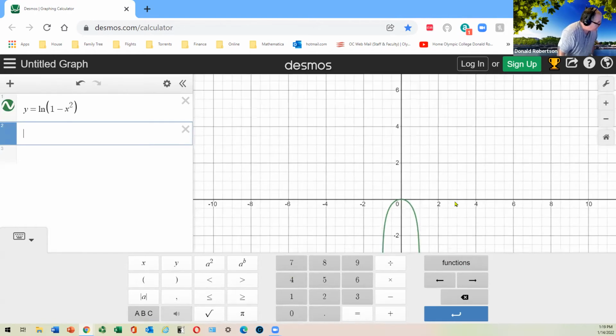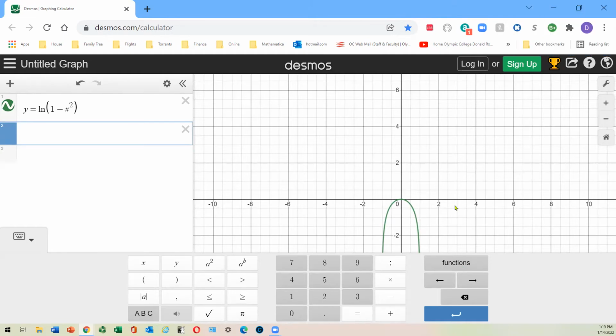That's the natural log of 1 minus x squared. Is it 1 minus x squared or x squared minus 1? That's important. I think it's 1 minus x squared.